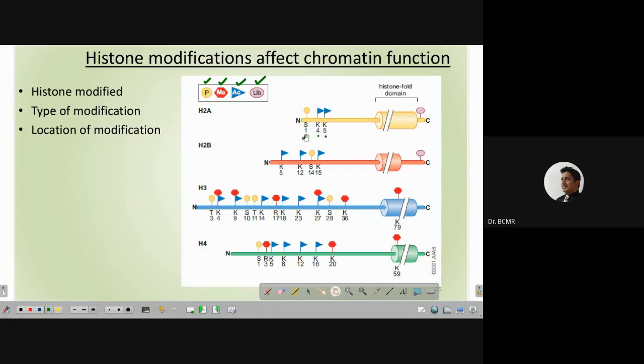Why are we counting from here? 1, 2, 3, 4, 5, and so on? Because proteins are always read from N terminus to C terminus. N is for amino group, C is for carboxylic group. So the tails that are extending out of the nucleosome have the N terminus. So you start 1, 2, 3, 4, 5, and so on.